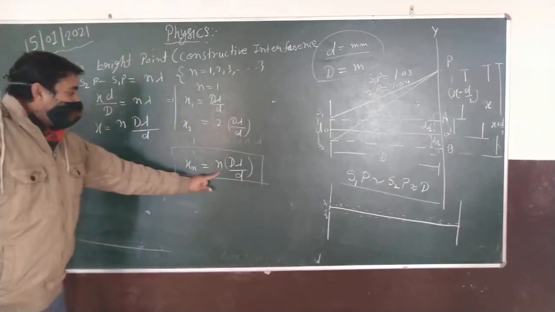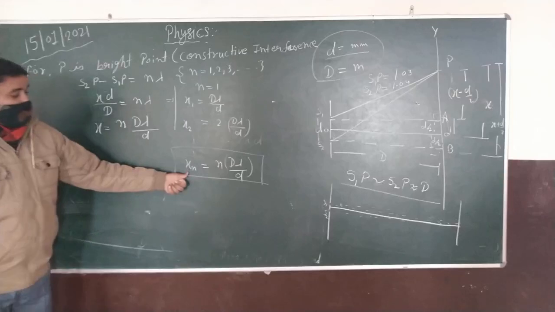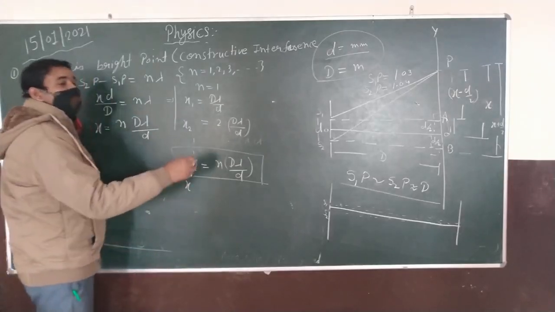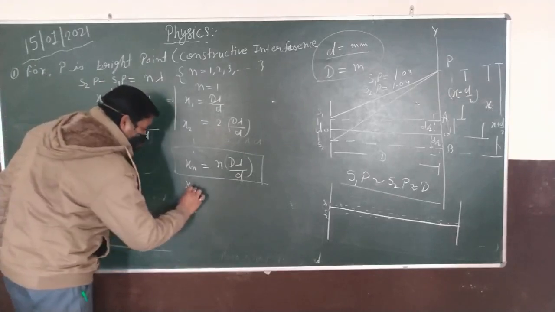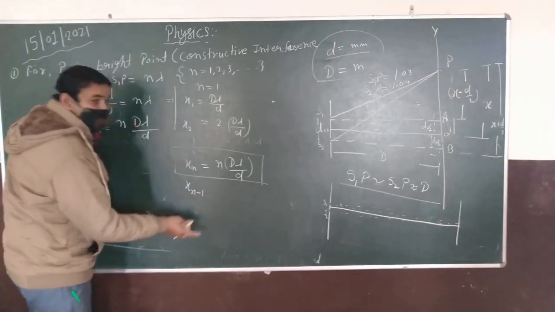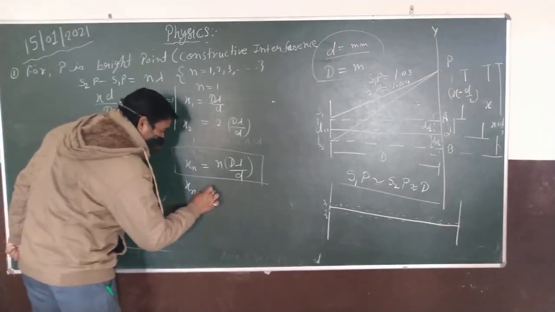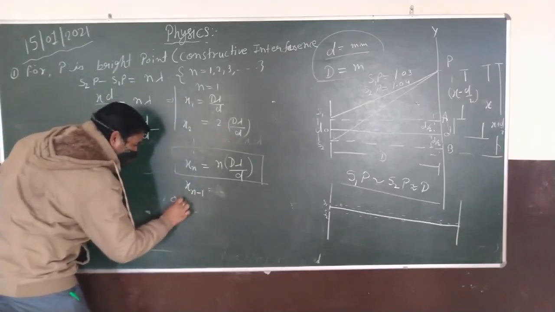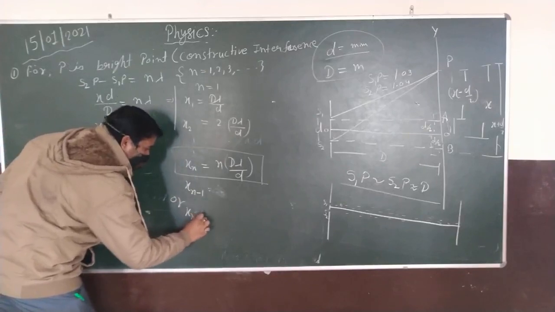Now we will calculate the fringe width of the two bright fringes. For calculating this, we take the preceding fringe n minus 1, or we can use n plus 1.